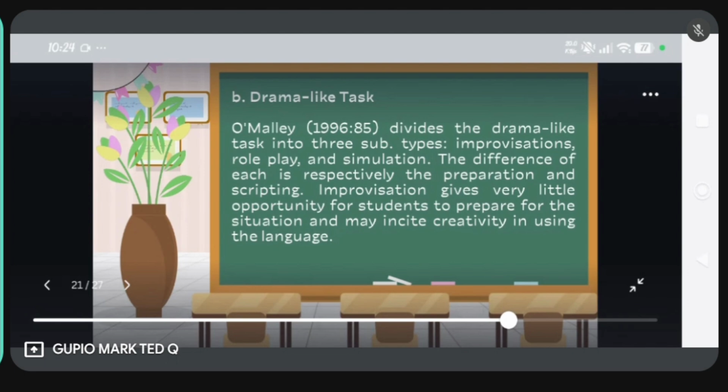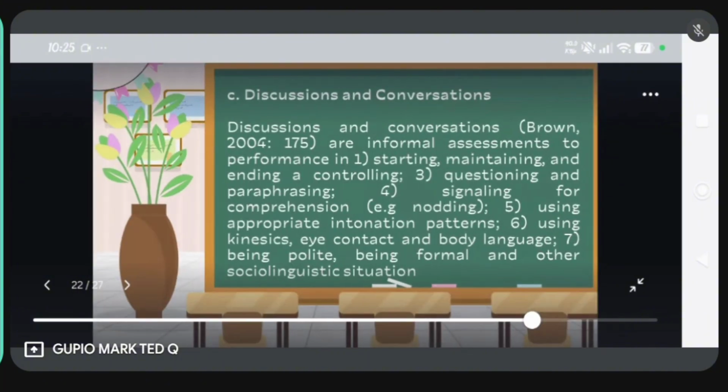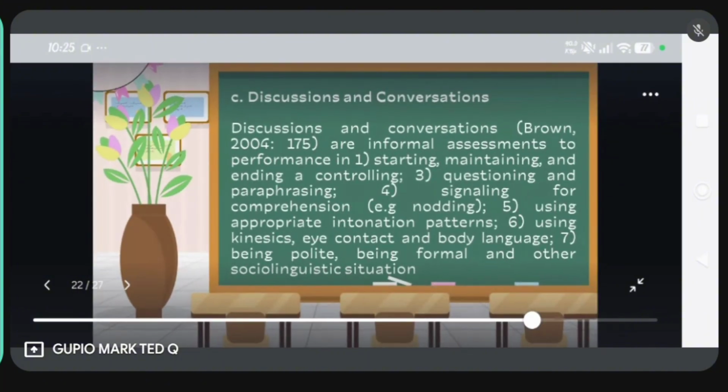So next please. Sorry. So the third one is discussions and conversation. According to Brown 2004, page 175, discussion and conversation are everyday forms of interaction in a classroom.